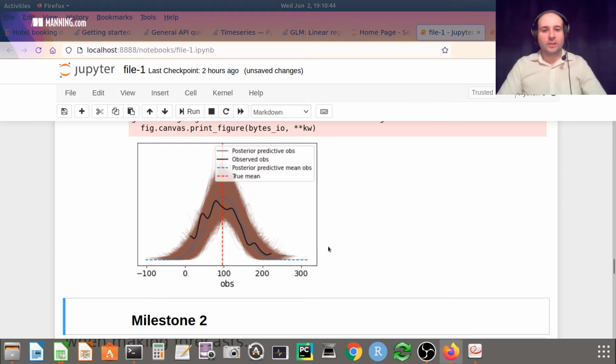So what this model is doing is taking our prior assumptions, checking that against what is actually observed, and then coming up with a posterior predictive mean, and then posterior predictive observations, which is many simulations of hotel cancellations, as you can see in the plot.